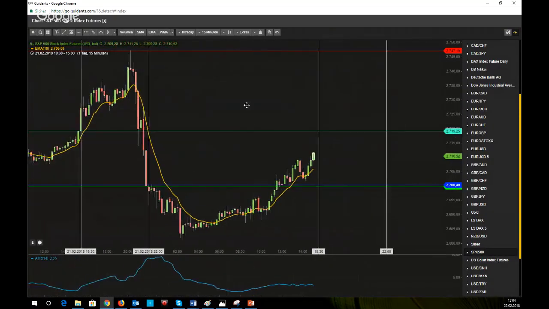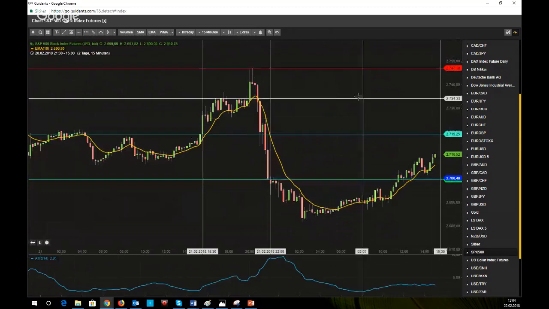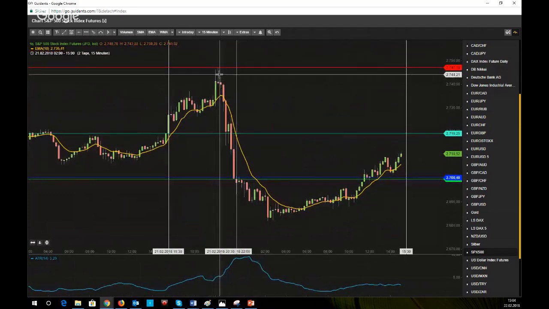Because again, now let's have a look here at the S&P. That was very, very strong, and in my opinion, bearish, what we've seen yesterday.